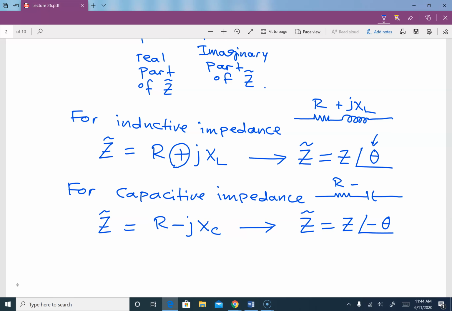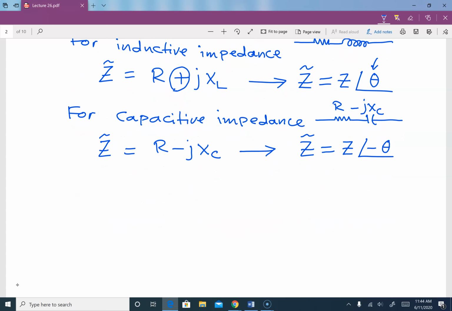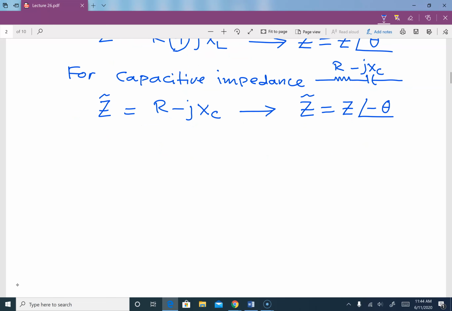So that is R minus J X sub C. And of course that we can have our impedance triangle. So our R at the base here, our X is here if it is XL, and over here we have Z. So over here, and that is our angle theta. So this over here, inductive impedance.